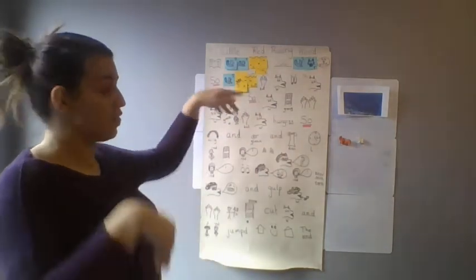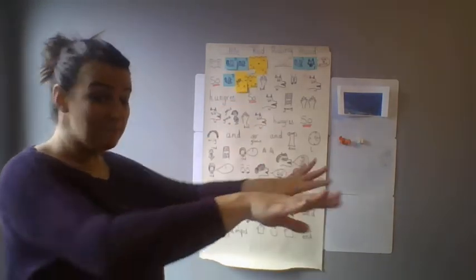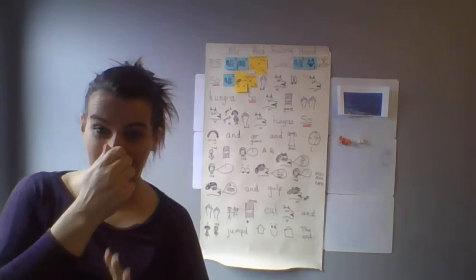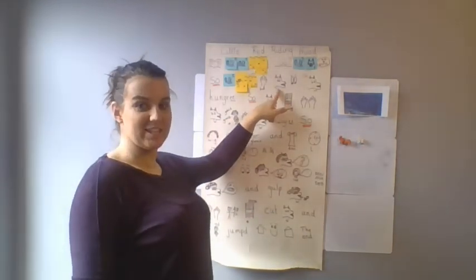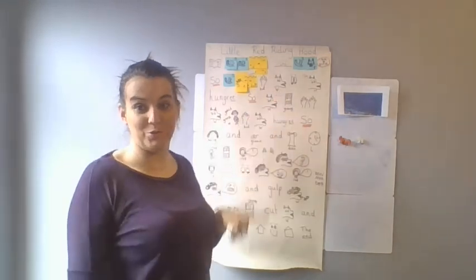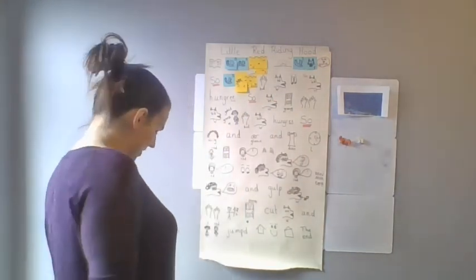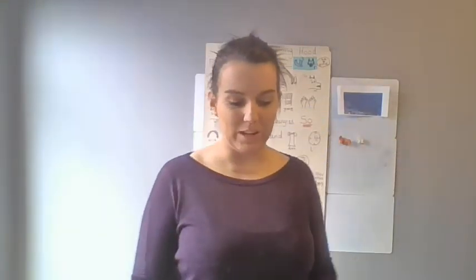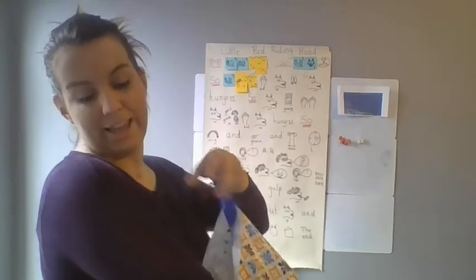So, the little red squirrel swam through the ocean. But, who's this? The wolf. So it's another character from our story, so we need to change it. So let's get our bag and we're going to change the wolf. Are you ready? I'm going in, I'm not looking.